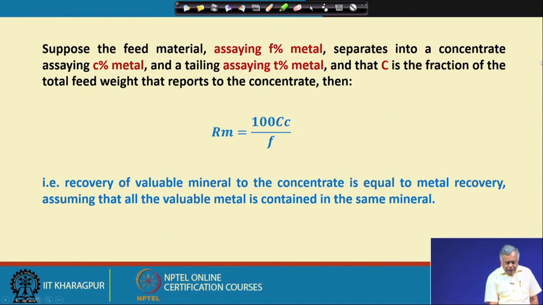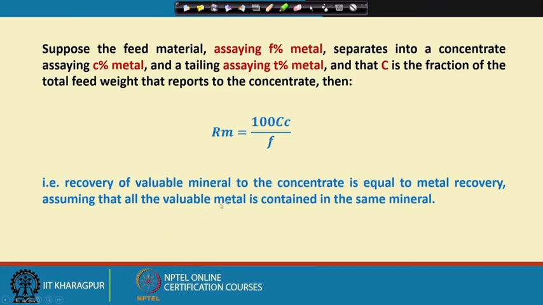So, in the concentrate what have you separated? The hematite, that is Fe2O3, or magnetite Fe3O4, or pyrite FeS2, that will become a little bit complicated. So, we have assumed here that all the valuable metal is contained in the same mineral.